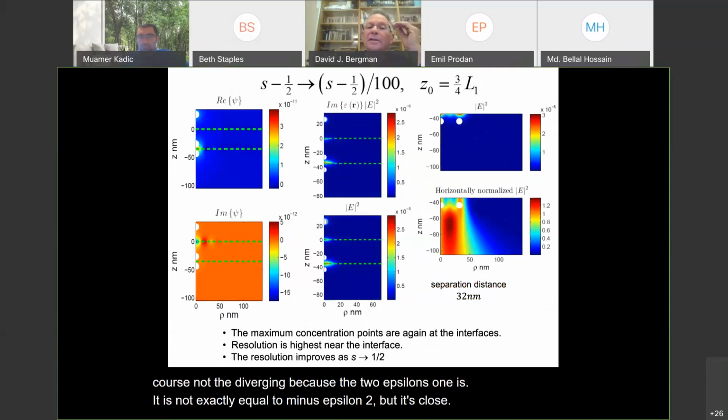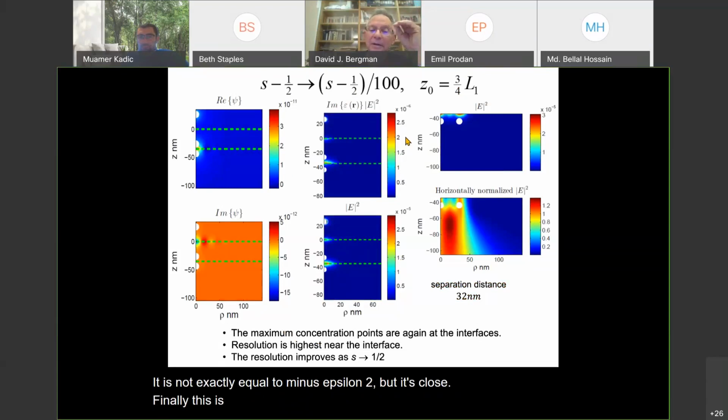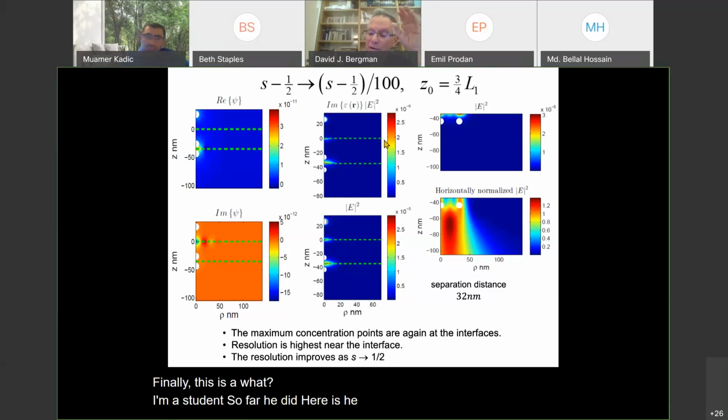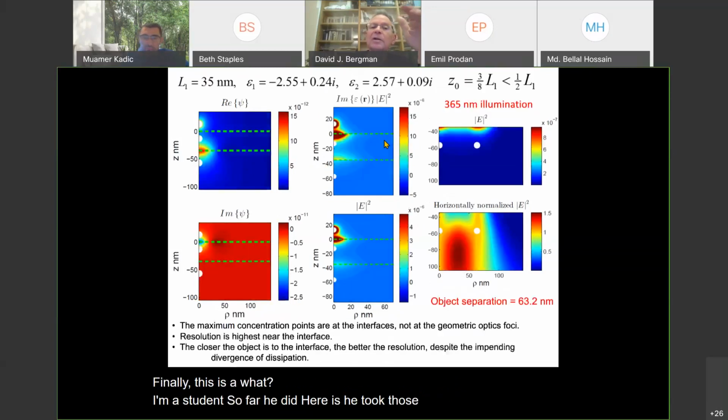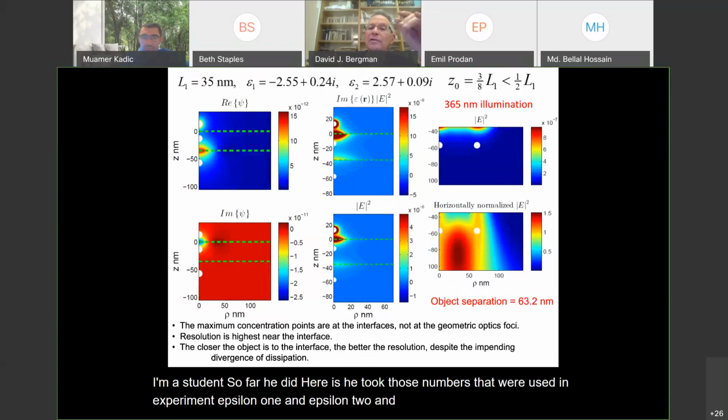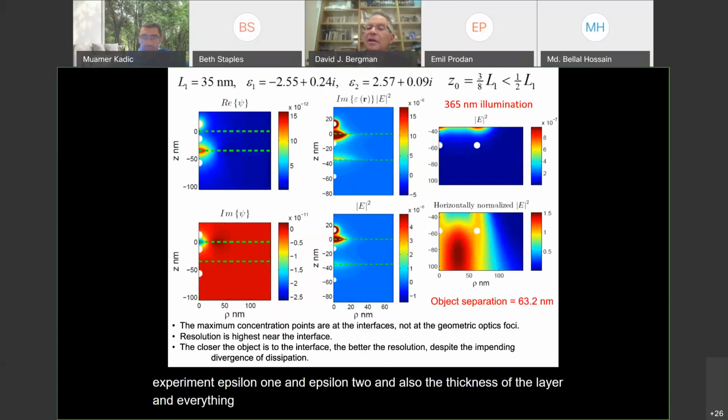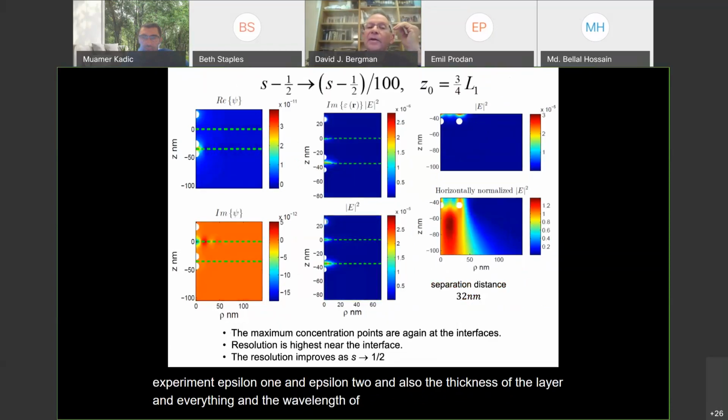Finally, this is what my student Safahi did here. He took those numbers that were used in the experiment, epsilon 1 and epsilon 2, and also the thickness of the layer and everything, and the wavelength of illumination, and he made S minus half smaller than it really is.